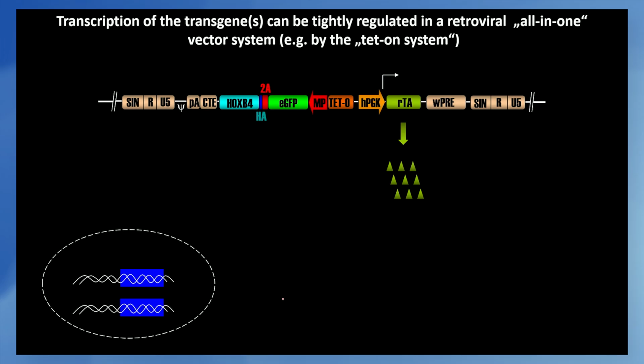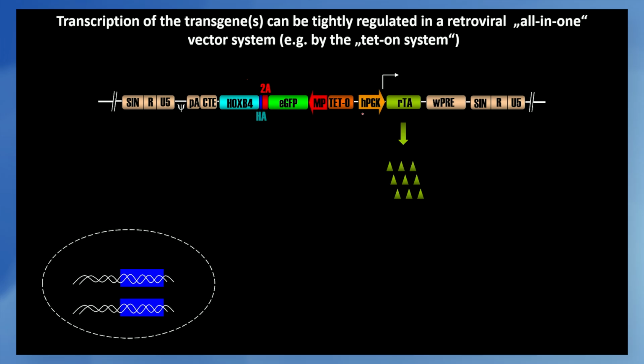So this vector, for example, contains an internal promoter, the phosphoglycerate kinase promoter, which controls expression of a reverse transactivator, which responds itself as a protein to doxycycline. This acts as a DNA binding factor, as a transcription factor, which binds to the TET operator because it binds tetracycline or doxycycline.